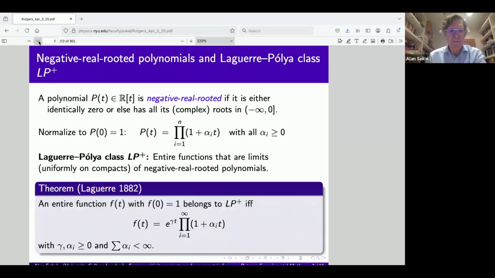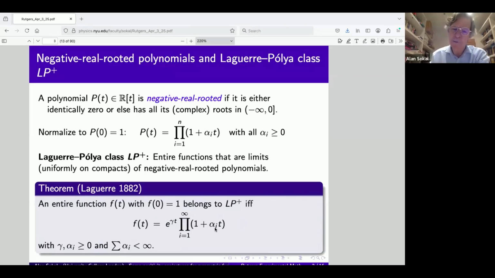And there's a theorem of Laguerre that characterizes what they are. More or less, they are polynomials of infinite degree with negative roots. That is to say, instead of having this finite product of 1 plus alpha_i t, you have an infinite product. And of course, the sum of the alpha_i's has to converge to make this product converge. The point is the alpha_i's should be non-negative again.